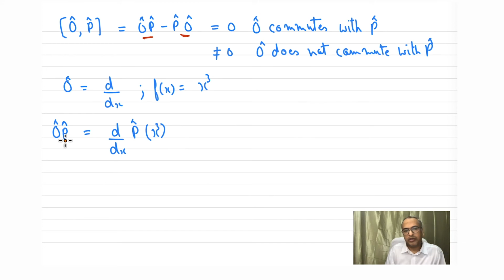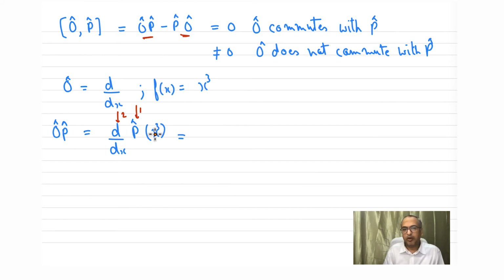Whatever operator comes on the right side will operate first, so parity is the first operation, and the derivative is the second.